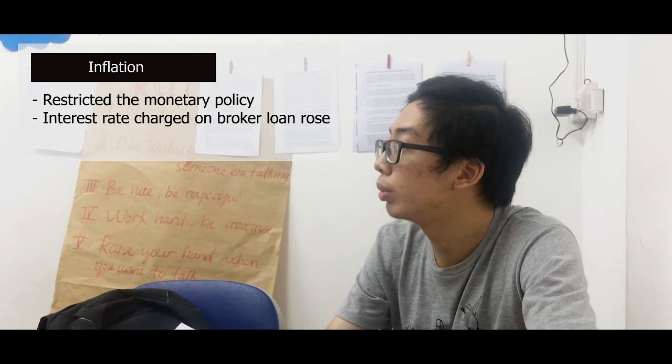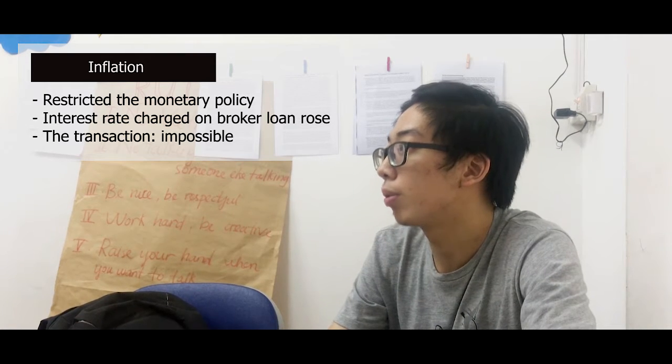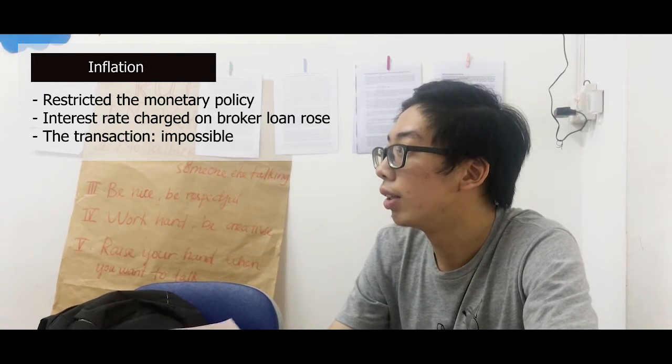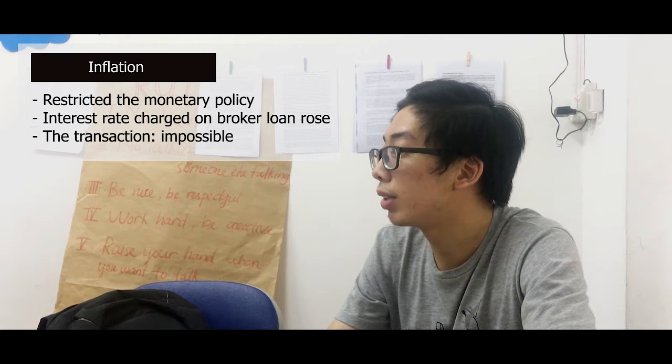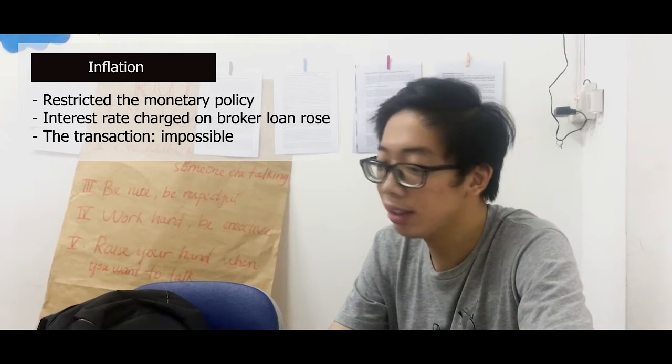And the transactions between the brokers and borrowers became impossible because of the excessively high price, and the monetary system would soon fall apart. And that is my part.